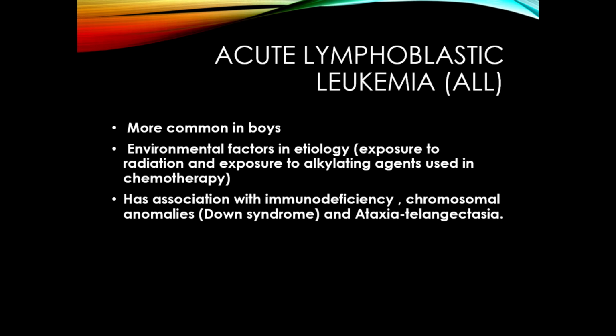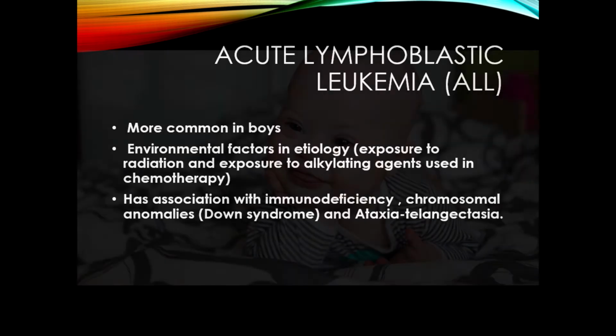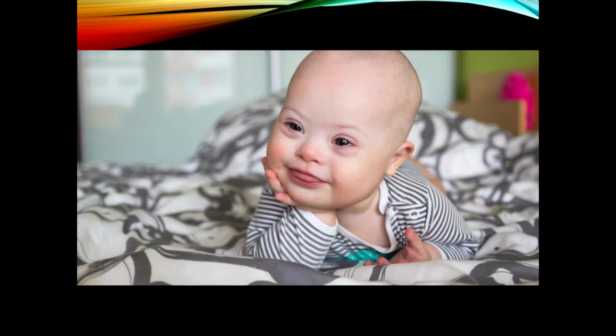It also has an association with some immunodeficiency syndromes, ataxia-telangiectasia, and some types of chromosomal anomalies such as Down syndrome. This is a photo of a child who is having Down syndrome. The facial features are very clear.